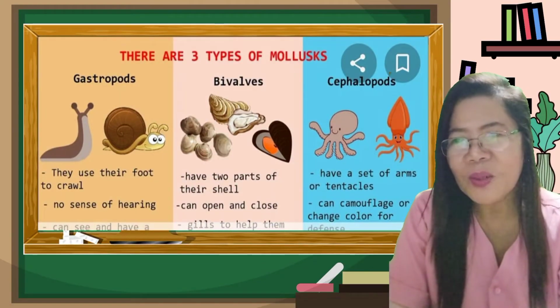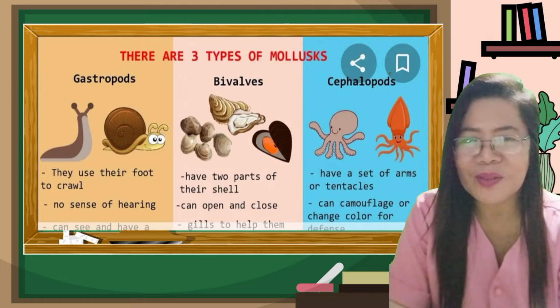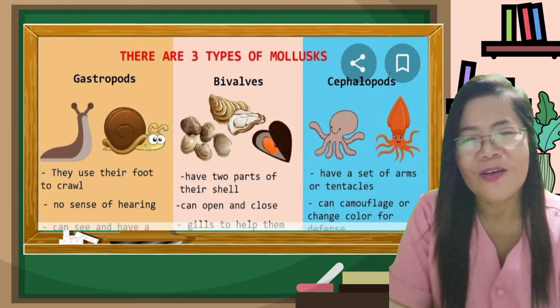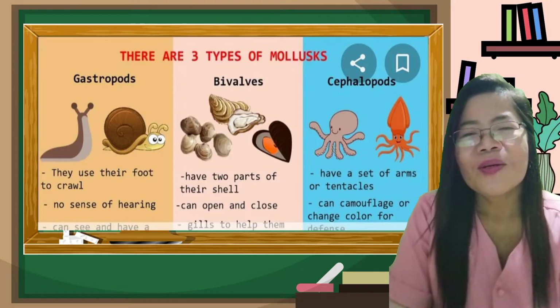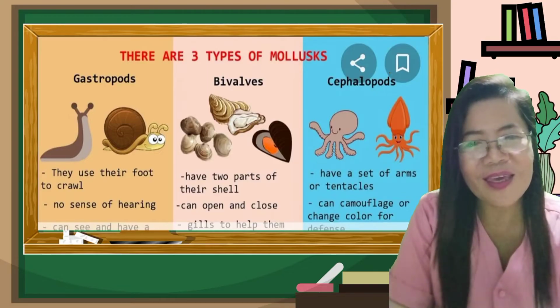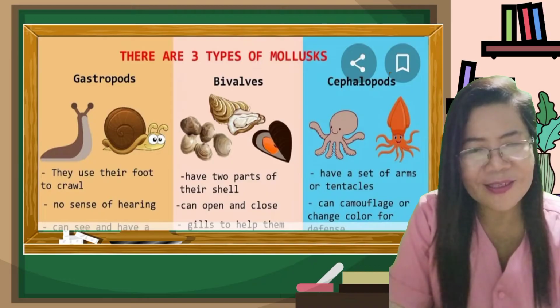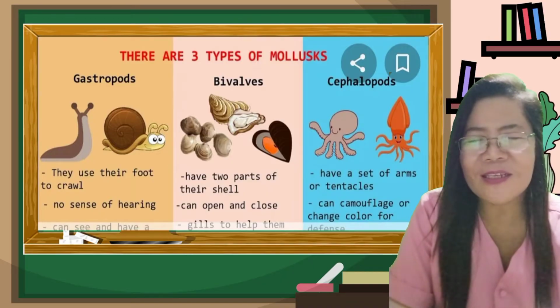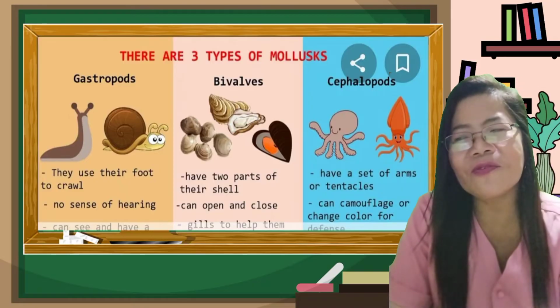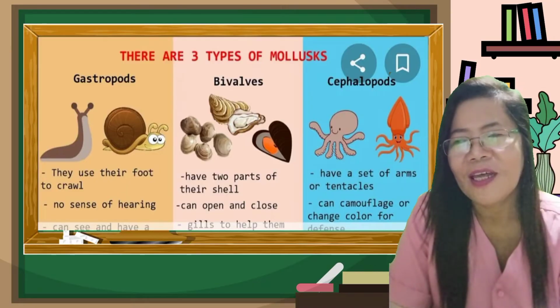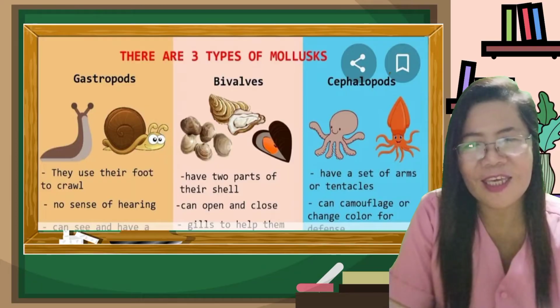Okay, so there are 3 types of mollusks. 1. Gastropods. 2. Bivalves. 3. Cephalopods. Now, what are gastropods? Gastropods use their foot to crawl. No sense of hearing.